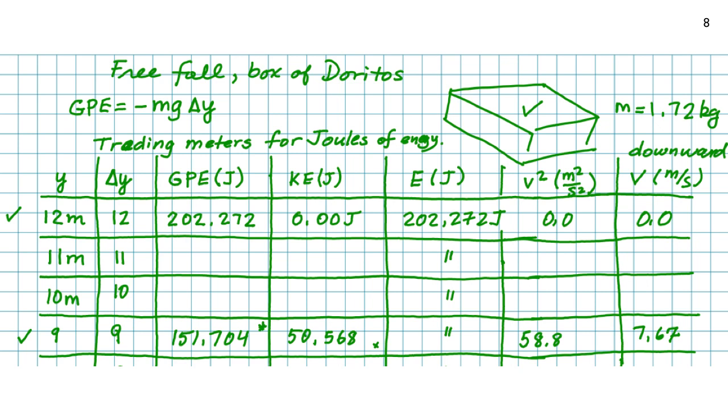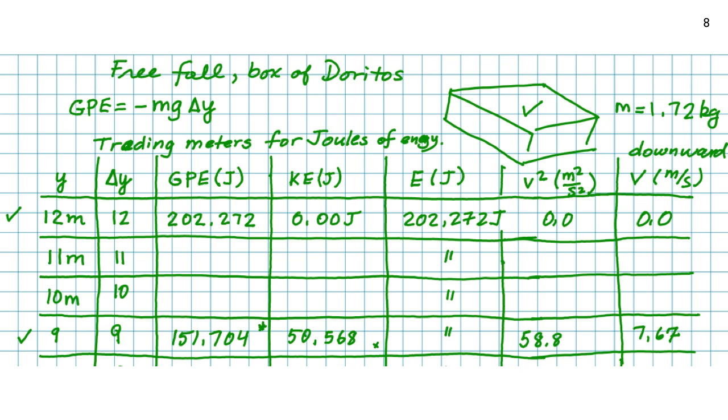Because every row has an increment of 1 meter. And remember, the concept with energy is that meters and joules interchange. So meter by meter, if you have equal increments of meters, you're going to have equal increments of GPE and kinetic energy.